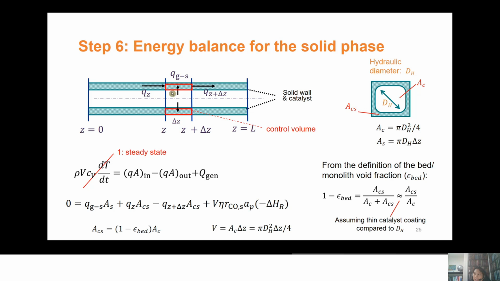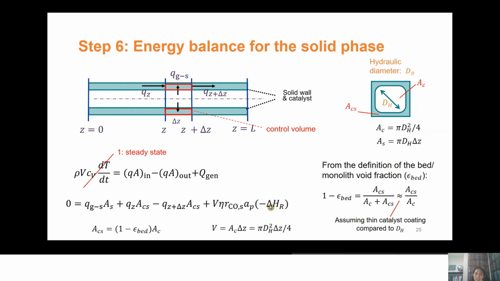Then we have the QZ and QZ plus delta Z. They are conduction heat flows. And then we have the generation term. This is the same term from the material balance, but now we multiply it by the heat of reaction.